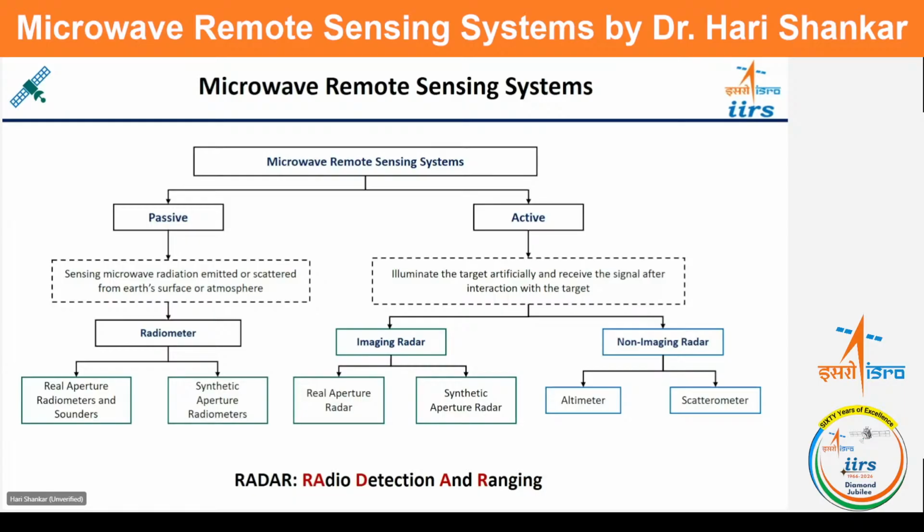That energy, from a small area, is not reaching the sensor. So what is happening? We are combining the emitted signal over a large area, and that combined signal we are observing. So the pixel size in passive remote sensing sensors becomes very large, or you can say the spatial resolution is very, very low.